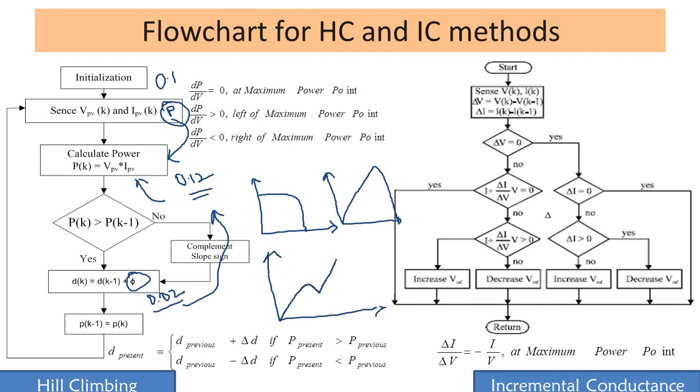Now I leave you one question. The first thumb rule, as I have already told you, is that your voltage goes from 0 to VOC. Yes, this is your VOC. The second thumb rule is that your duty cycle is always in the opposite position. Duty cycle is going to be 0 to 0.9. This is the second thumb rule in solar PV.